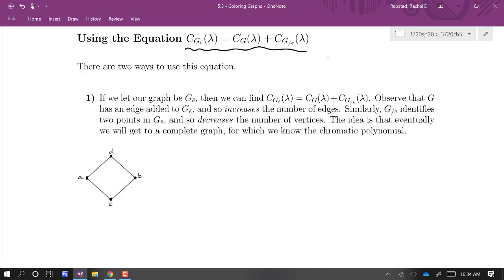One way to use it is to say that our given graph is a G sub E hat, meaning this was the graph we got when we removed an edge. So let's say that edge was the edge that connected A and B. So we think of the graph they gave us as a graph missing an edge.